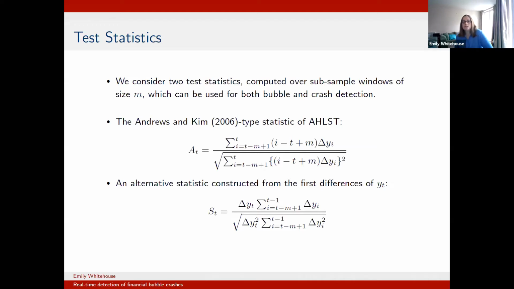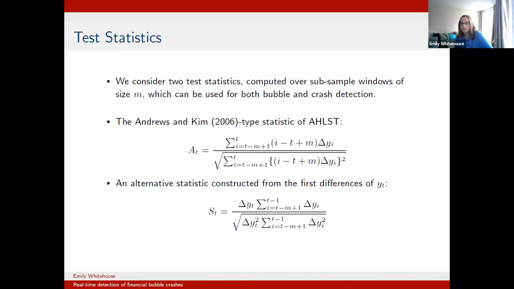And then the second statistic that we consider, this is our new statistic, which we're calling S. You can see this is a function of the first differences of Y. So if we remember, we're computing this over a window of M observations. On the numerator there, we're essentially taking the most recent change in Y and multiplying that by a sum of the previous n-1 changes.